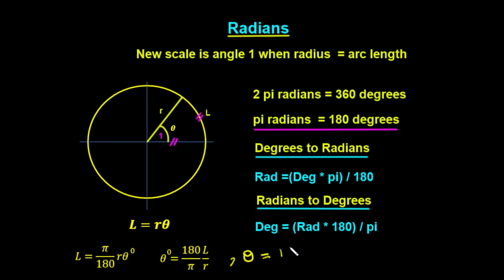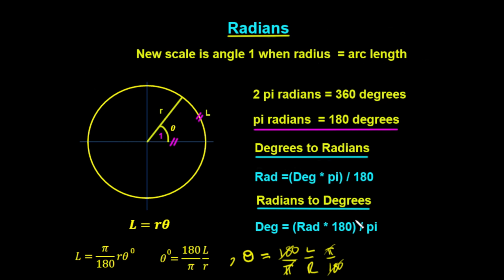So in that case, these would cancel out, and we'd just be left with theta is equal to L upon r. That's what I've done up here. We've taken the degrees and multiplied by pi divided by 180. So to go from degrees to radians, you multiply by pi upon 180.